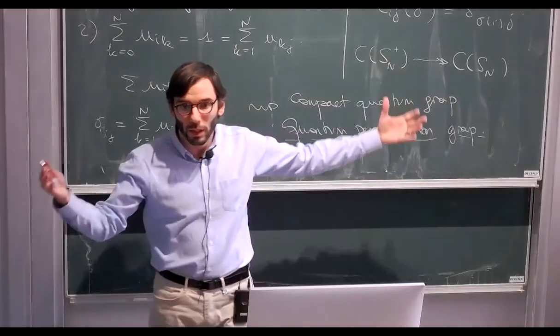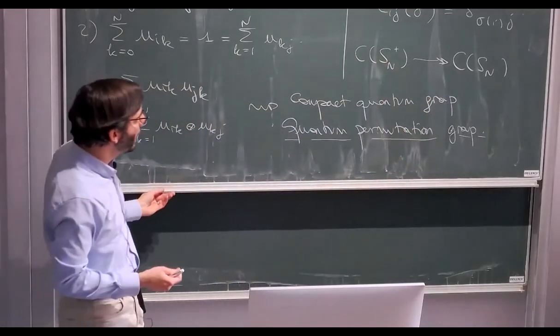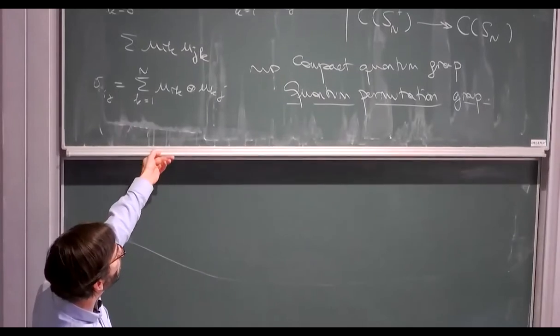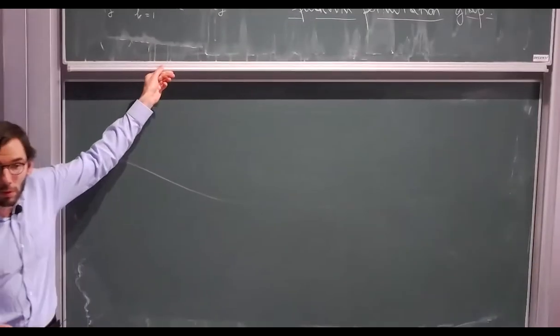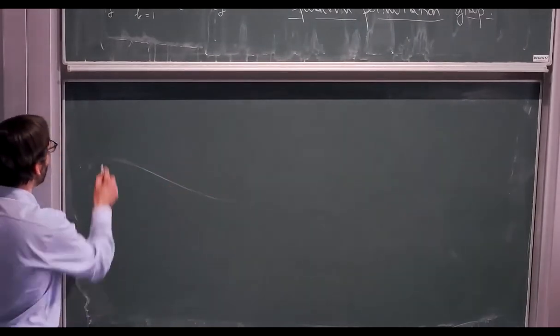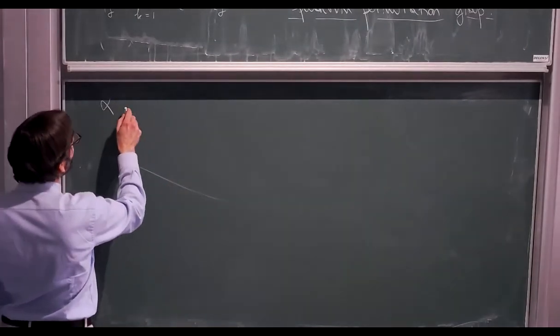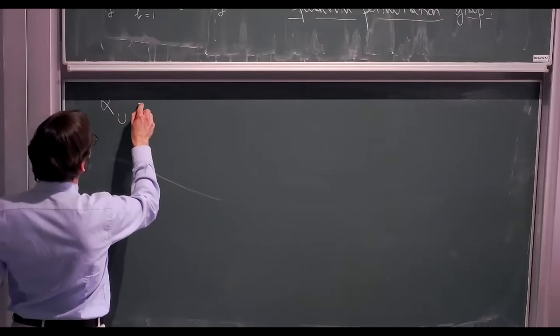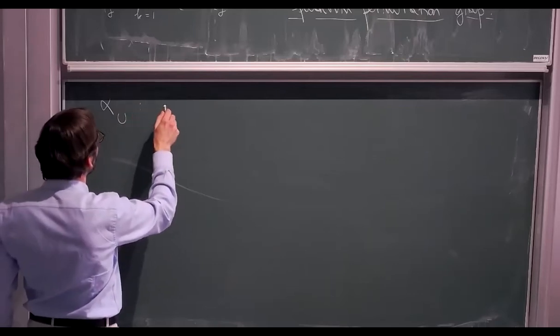So it's a non-commutative version of the permutation group. And the other reason is that this quantum group acts on n points. So the algebra of functions on n points is just C to the n. And in fact, there is an action. I'm going to call it alpha u for some reason that will appear later on.